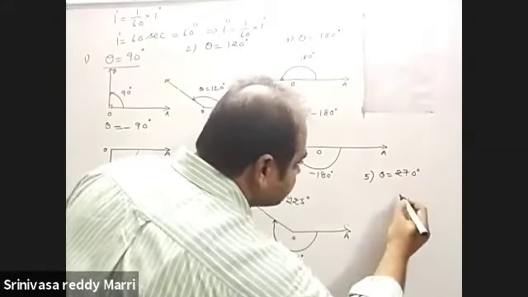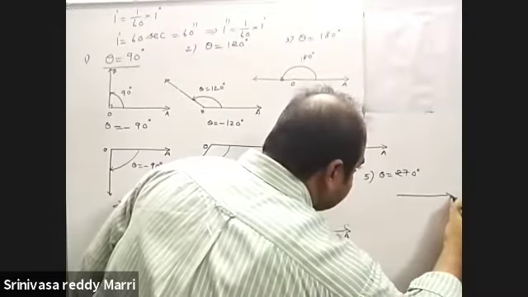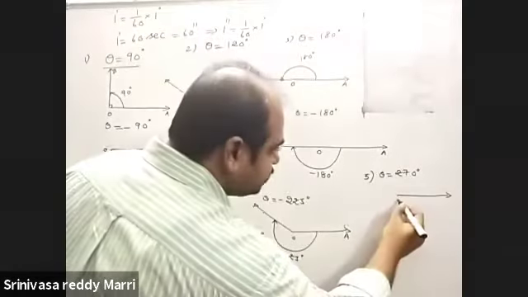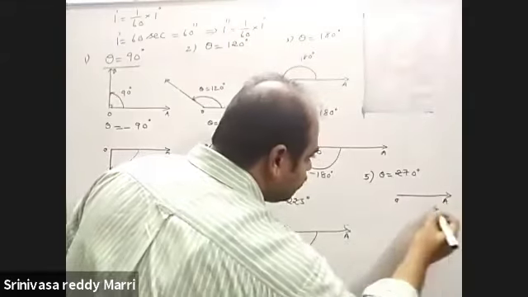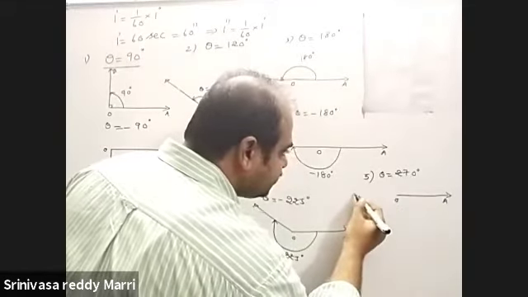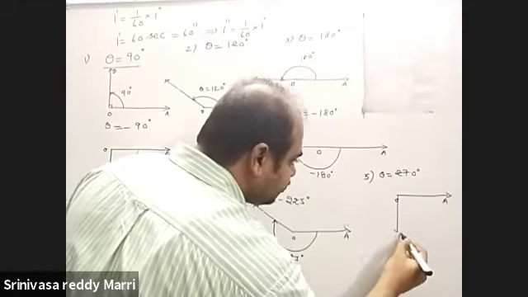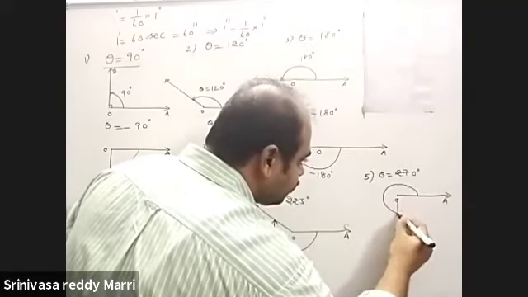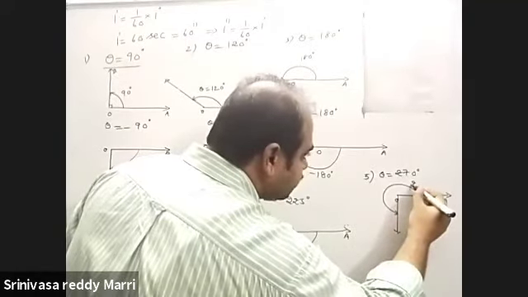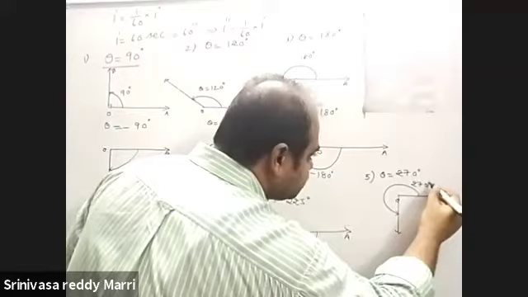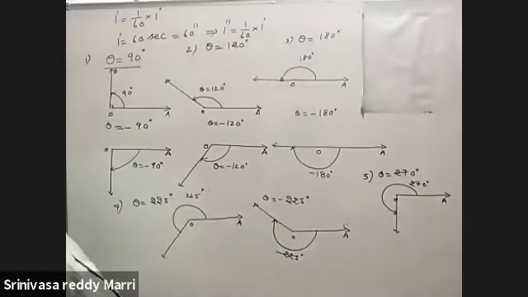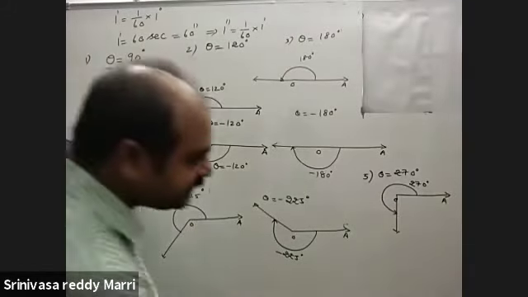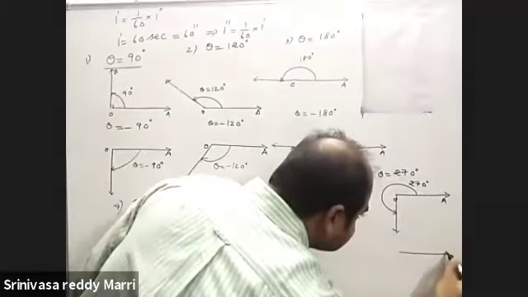Suppose theta equals 270 degree. Three right angles. This is OA. 180 is this plus 90, so it will come here. This angle is 270 degree. Suppose minus 270.